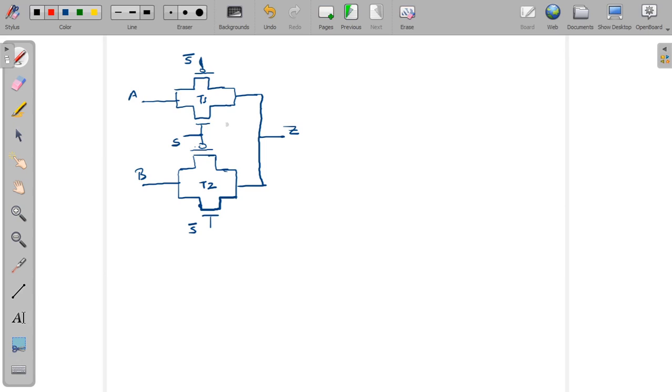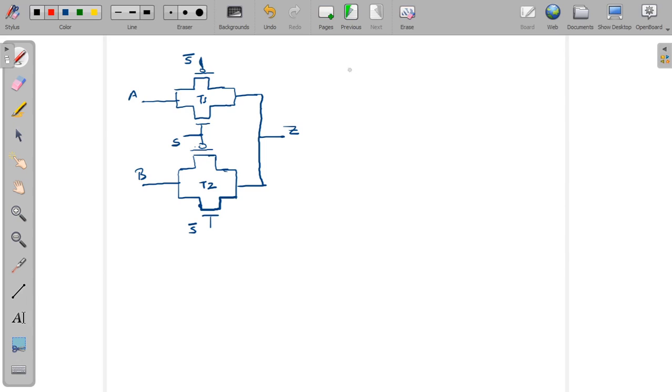Okay, and for example, look at T1. Okay, if S is 1, this NMOS will conduct, and this PMOS will also conduct. So T1 is on, and at the same time T2 is off. Okay, so let's go like this.